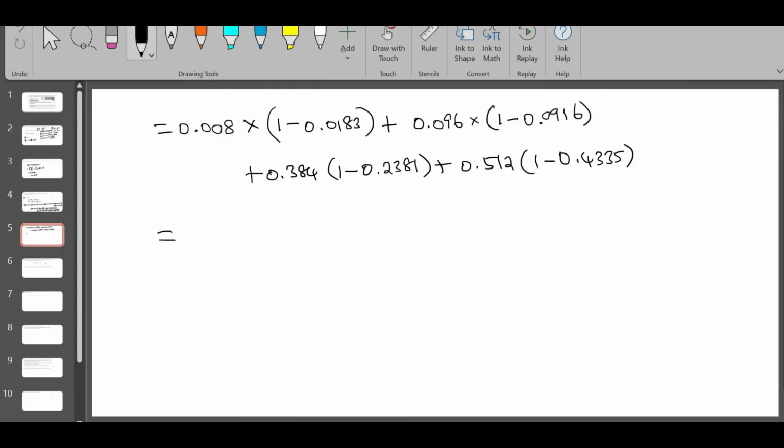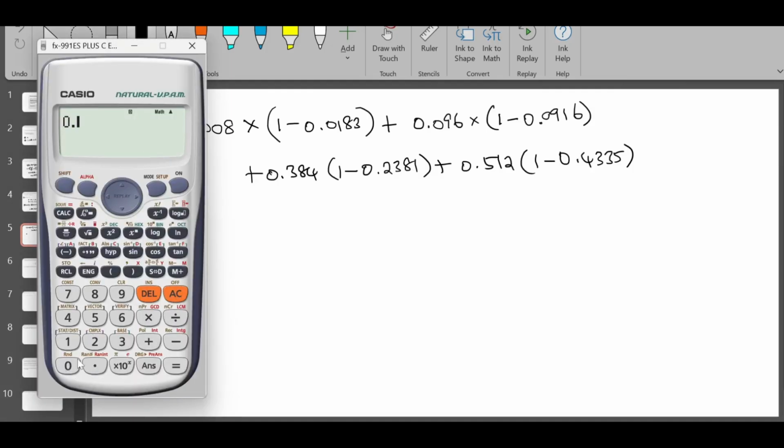So let's put everything in the calculator. 0.008 times 1 minus 0.0183, plus 0.096 times 1 minus 0.0916, plus 0.384 times 1 minus 0.2381, plus 0.512 times 1 minus 0.4335.